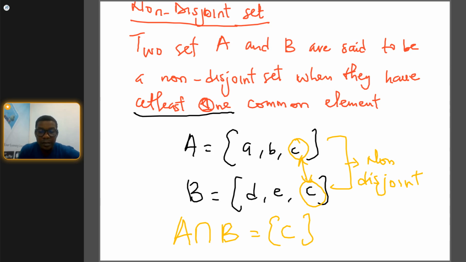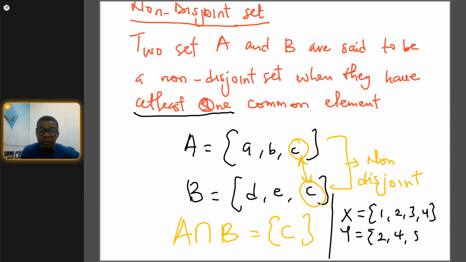If I decide to have the question in this form, X is given as 1, 2, 3, 4, and Y is given as 2, 4, 5. If I take X intersection Y, that's the common elements. 2 is common to both sides, we have 2, comma. 4 is common to both sides, we have 4, and we close the curly brackets.